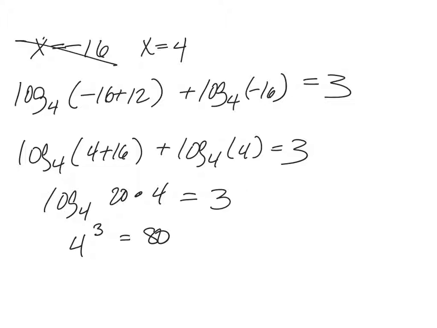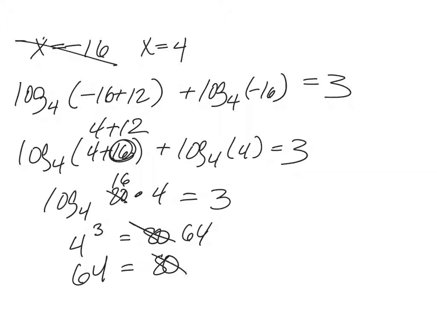Does it? 4 raised to the third power is 64. I've made a mistake somewhere. Oh, right here. It's 4 plus 12. 4 plus 12 is 16. 16 times 4 is 64. Whew, that was a close one.